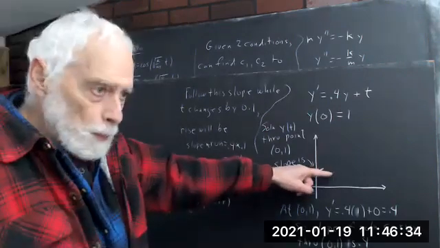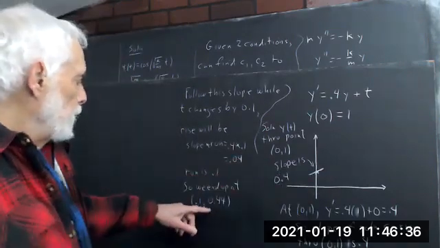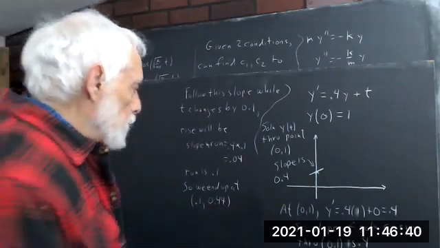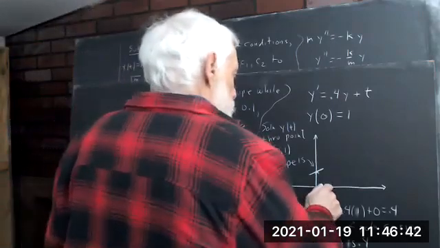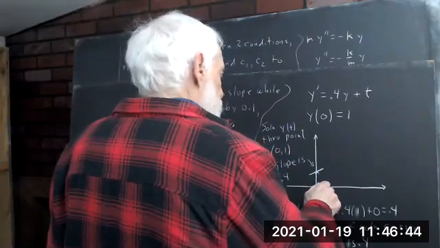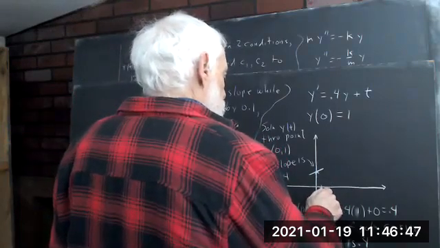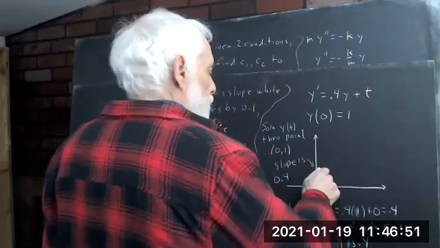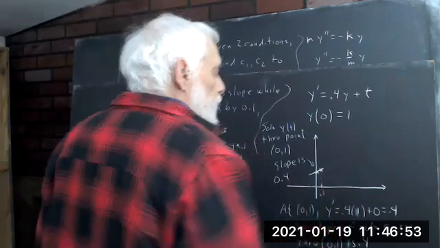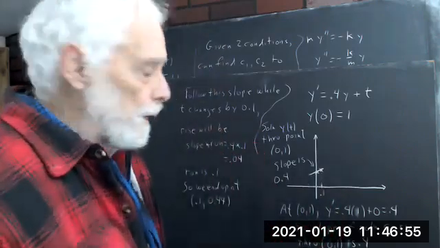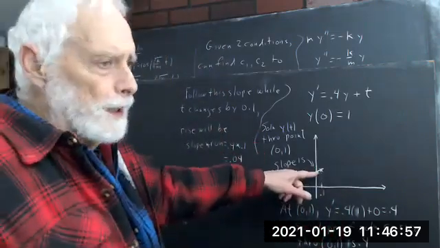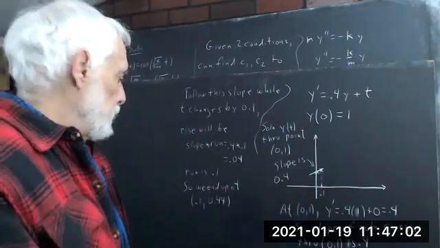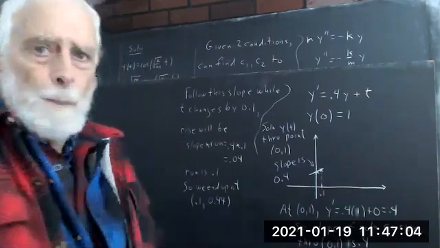We've moved over 0.1 unit here, and we've moved up 0.04 units. This is not a very accurate representation, but it isn't too bad. This point is not necessarily going to be on the solution curve, but it's going to be close.